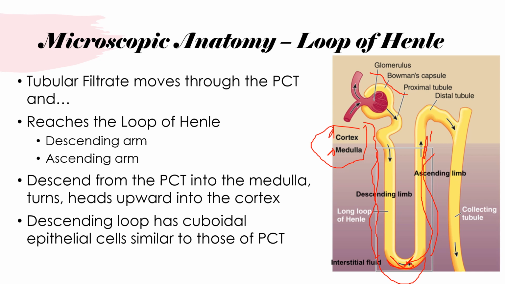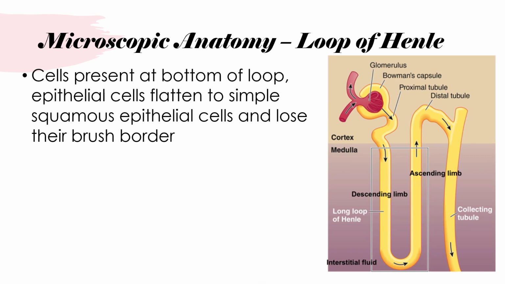The descending loop has cuboidal epithelial cells similar to the PCT. Now, different cells are going to be present at the bottom of the loop down here, okay? And those are actually going to be flattened, simple squamous epithelial cells, and they lose their brush border. Okay, so think about it.